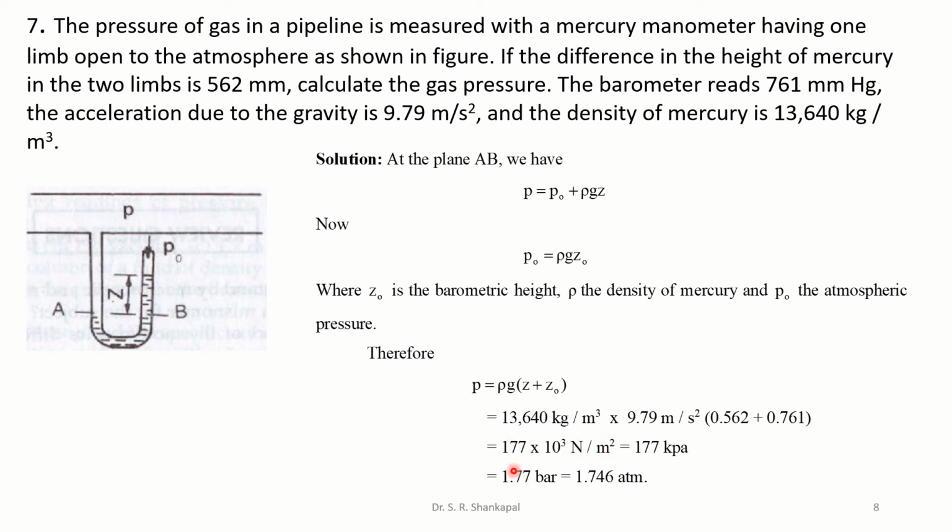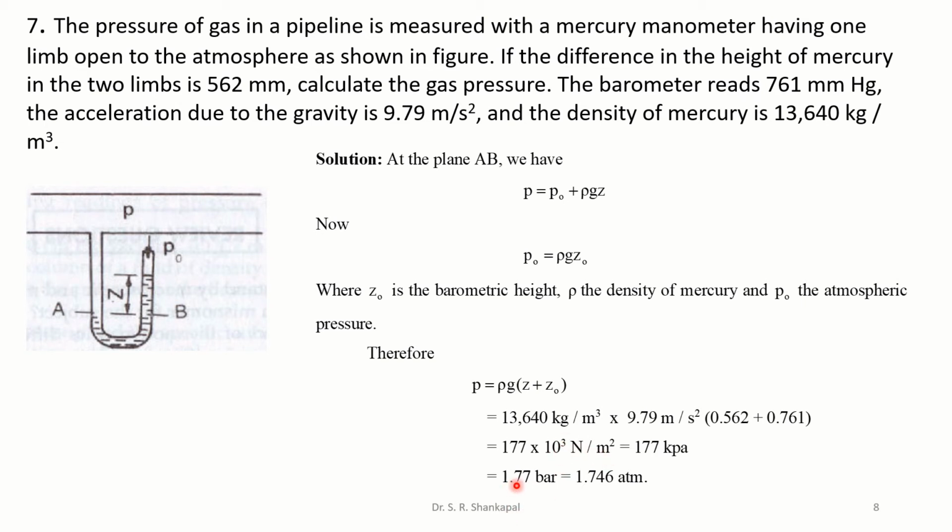So if I calculate, I'll get 177 into 10 to the power of 3 Newton per meter square, or 177 into 10 to the power of 3 pascals. This 10 to the power of 3 we can make it kilo, then you can call it kilopascal. So this should have been capital P. Now 1 into 10 to the power of 5 Newton per meter square is a bar.